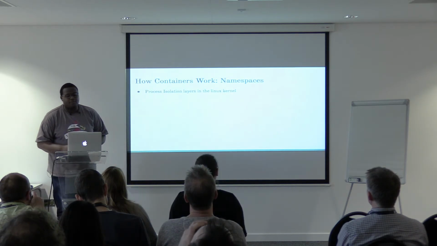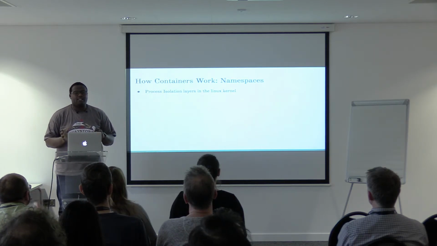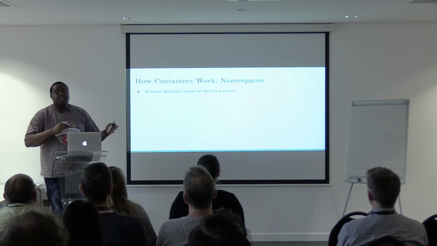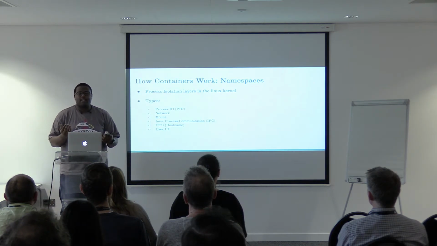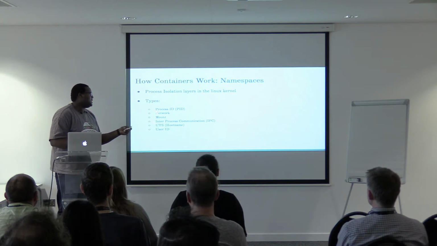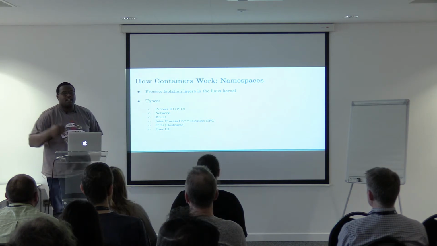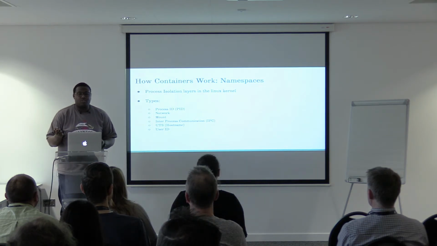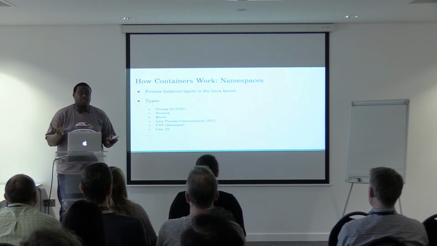Namespaces are process isolation layers in the kernel. So they provide a way of isolating different layers of the kernel from the process. So a good way to explain it is by looking at the types. For example, you have the process ID namespace. Those of you that have ever used a container, if you log into a container and you check the processes running in the container, usually you only have the process for your application, and that's running as PID1.